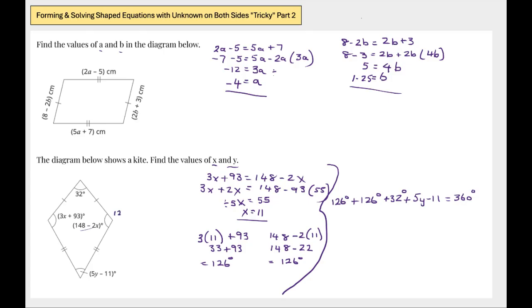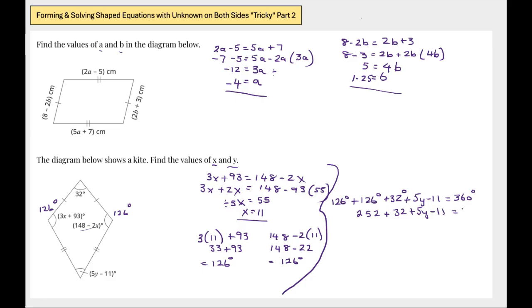So all we've done is write down what we know. We know that's 126 degrees. We know that's 126 degrees. There's the 32, and there's our expression. So let's just do what we normally do. So that adds up to 252 plus 32 plus 5y minus 11.